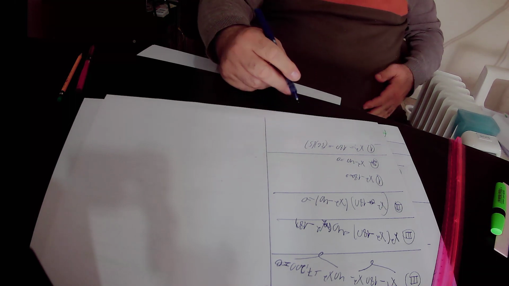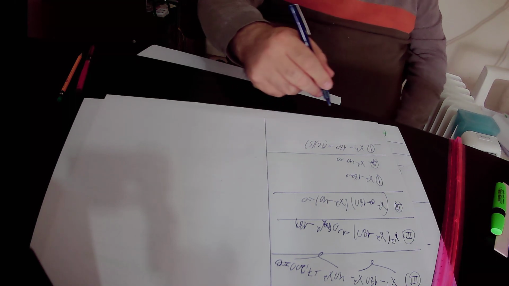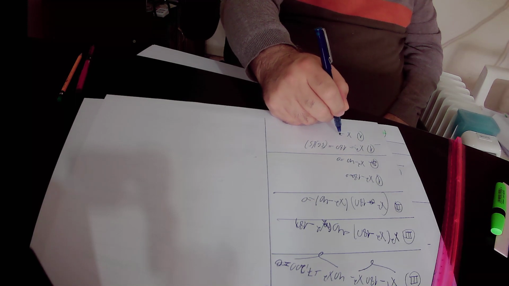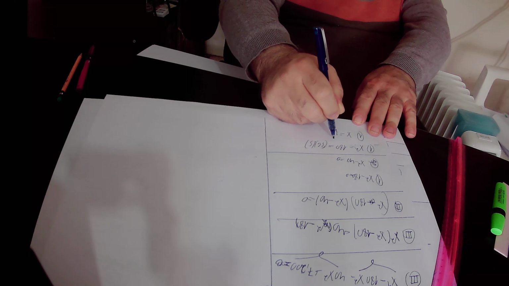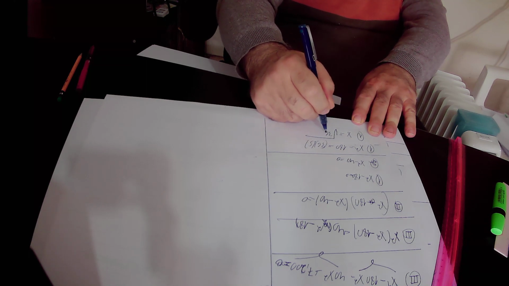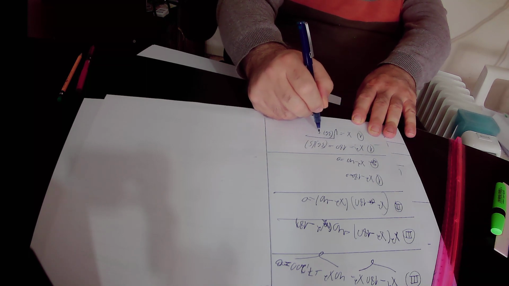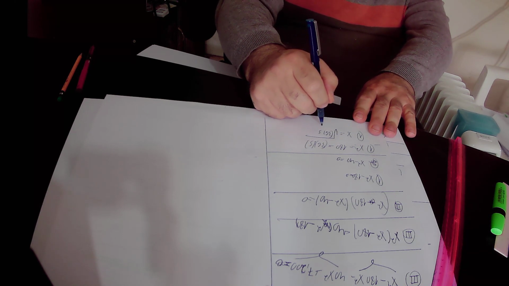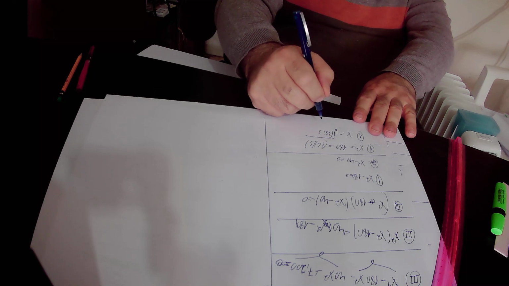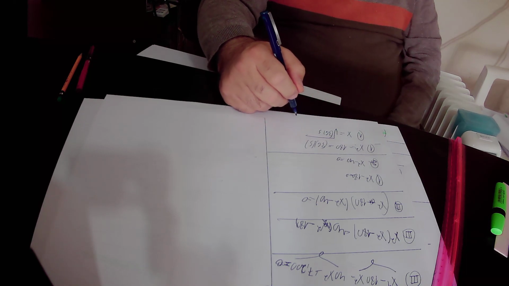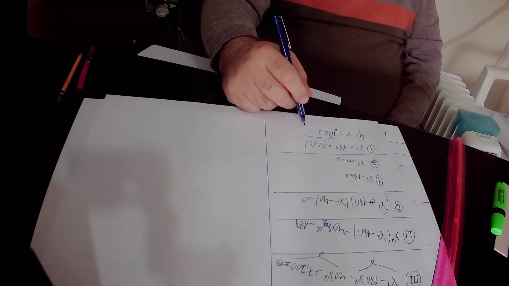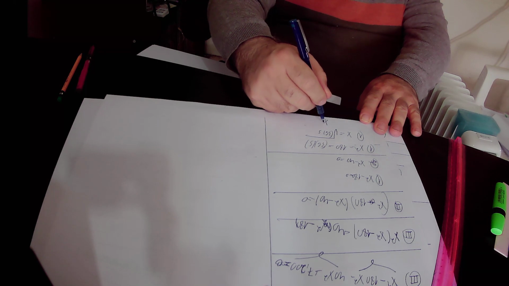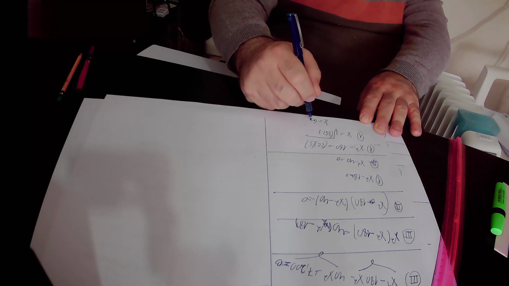Here we take a root out of this equation, and we get that x equals the square root of 36 times 5. So the square root of 36 is 6, and inside the root what is left is actually 5.